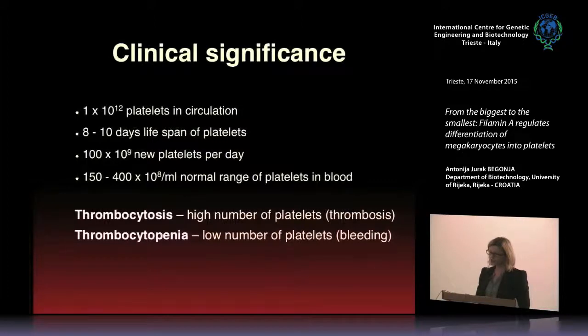There are clinical conditions in which high platelet numbers lead to increased risk of thrombosis, and on the other hand, there are conditions with very low platelet numbers that lead to increased risk of bleeding.